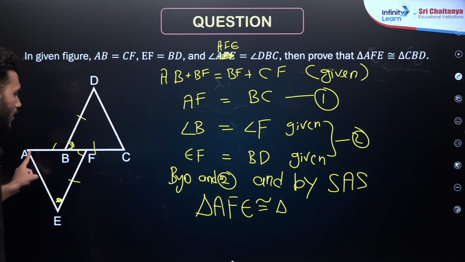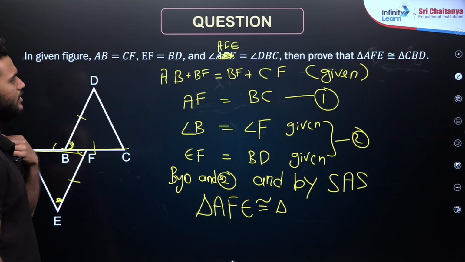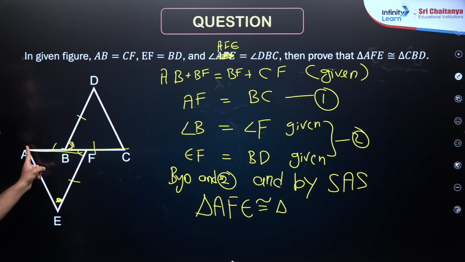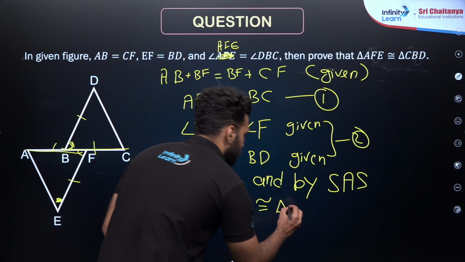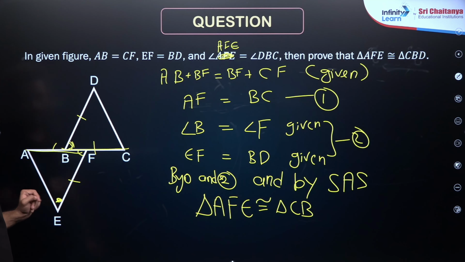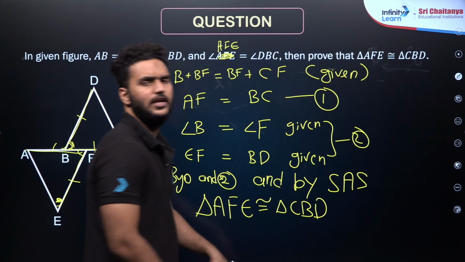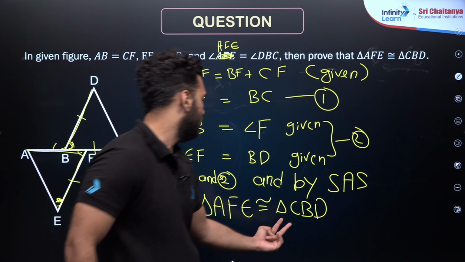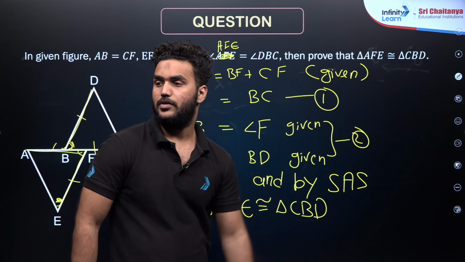Angle A or AF, this line is equal to what? Sir, BC, or CB you can take. Sir, angle F is equal to angle B, so you have to write angle B in the middle. So CB. A to E, okay, and then F to E, this line is equal to what? B to D. So we have to take D last. But we don't have to think about the last one. You just have to think about these two. If you have these two, the last one is only one remaining vertex. Just write down that one.